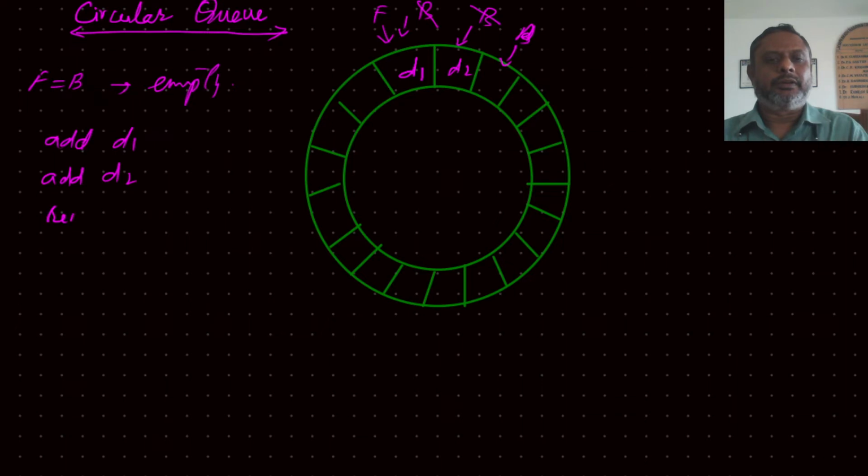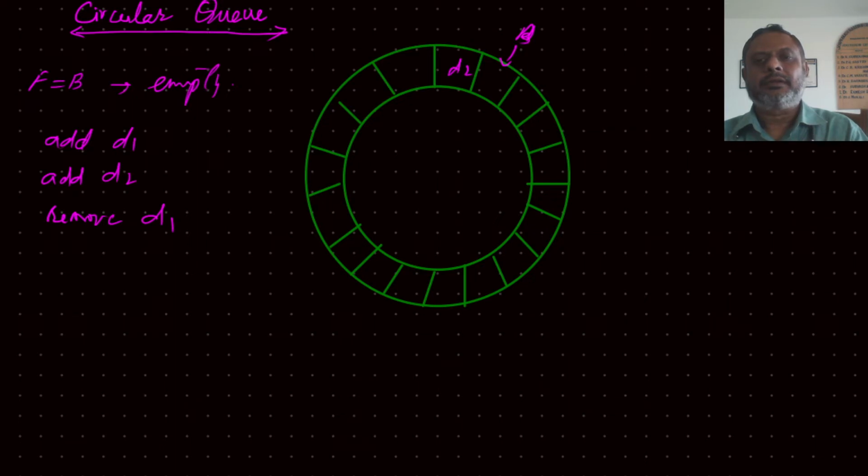Then when you remove data 1, data 1 is removed, and F is now shifted to this. Now we have added data 1, then added data 2, then removed data 1, then you add data 3, and data 3 comes here. That way you keep adding various data.